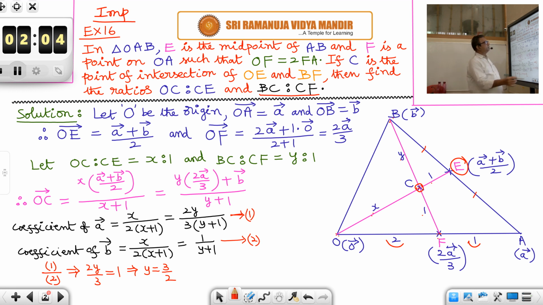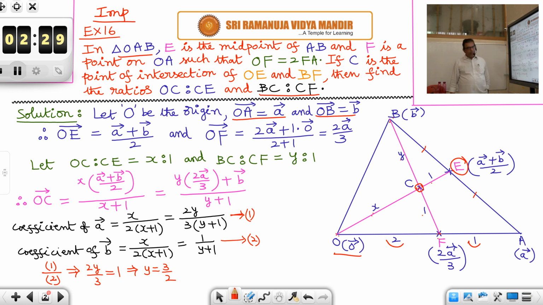So let us take O as origin. The problem itself says triangle OAB, indirectly suggesting that we take the point O as origin. Let OA bar is equal to a bar and OB bar is equal to b bar.